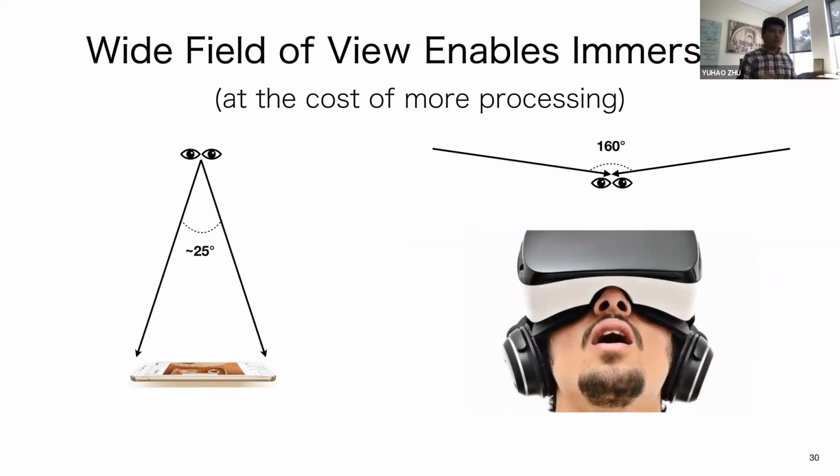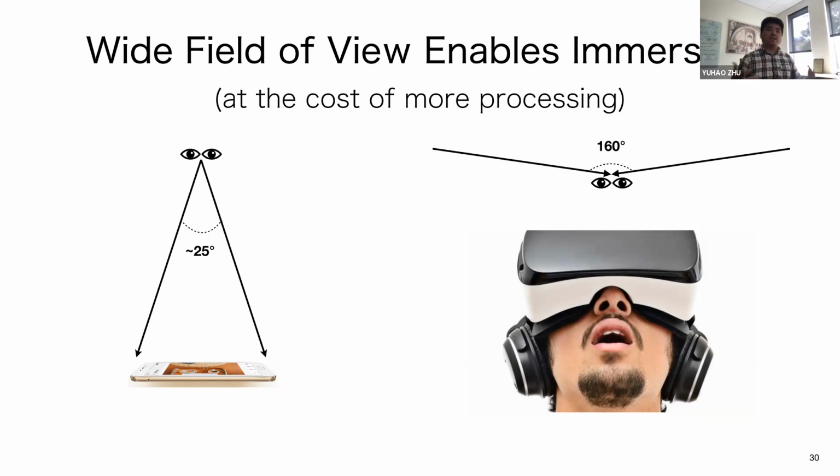One of the main characteristics of AR and VR is that these devices provide a very wide field of view to enable immersive user experience. So if you hold your smartphone at arm's length, the entire display is within about 25-degree field of view. When you are wearing a VR headset, the field of view is at least 160, right?